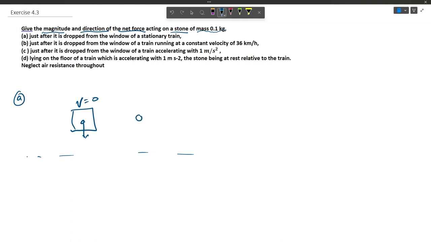This stone was stationary, and we all know that gravitational force is acting on whichever body has mass. So the only force present here is the gravitational force. Force would be equal to mass times acceleration, and that would be 0.1 kg multiplied by 10 meter per second square, that is 1 Newton, in the downward direction.